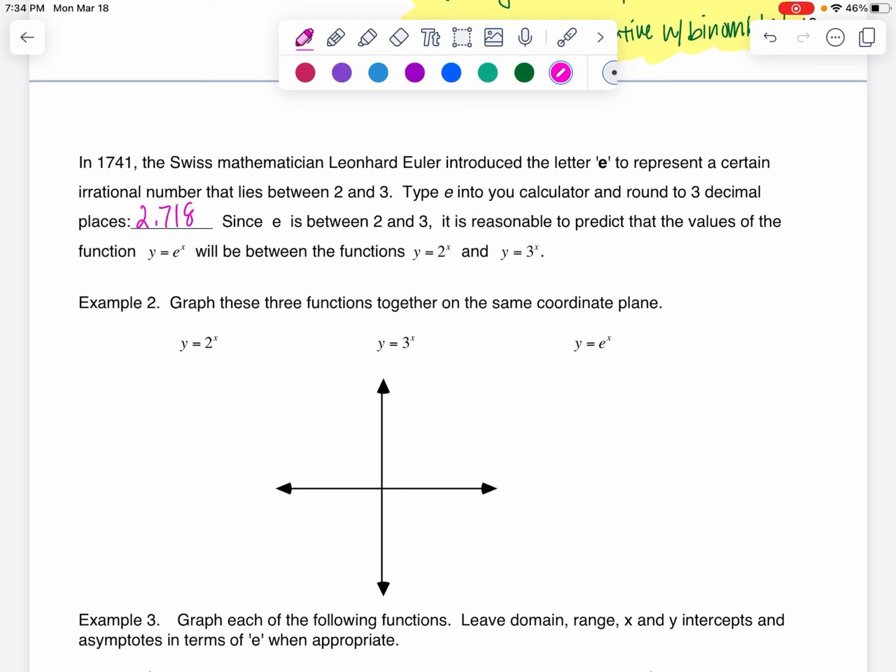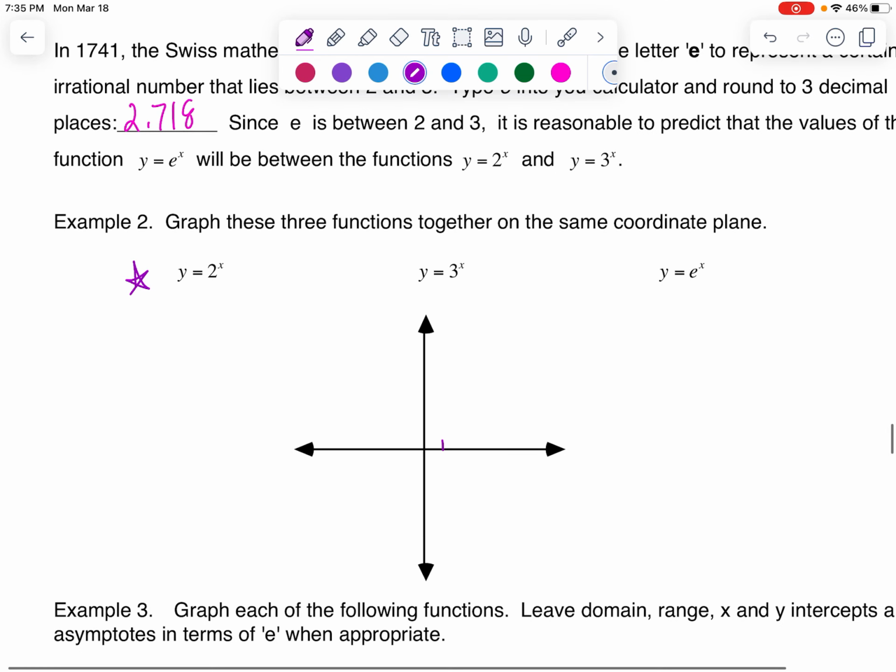If I was starting with, let's do this guy, y equals 2 to the x power. You guys already know this. We just did this. There is my y equals 2 to the x power. Let's do 3 to the x power in blue. There is that guy right there.